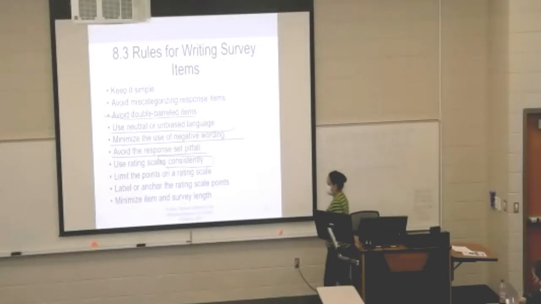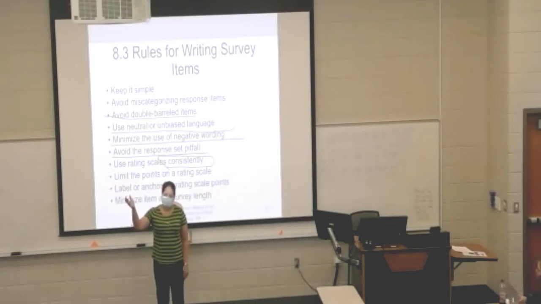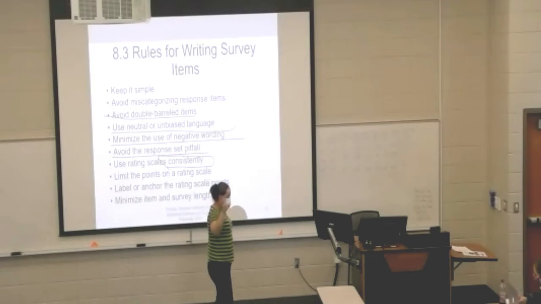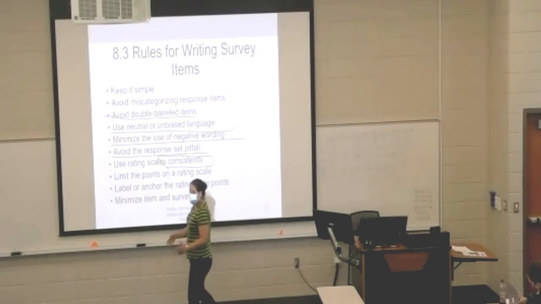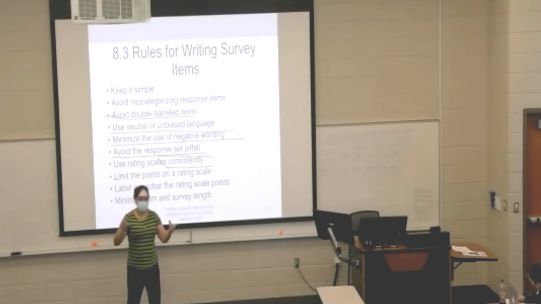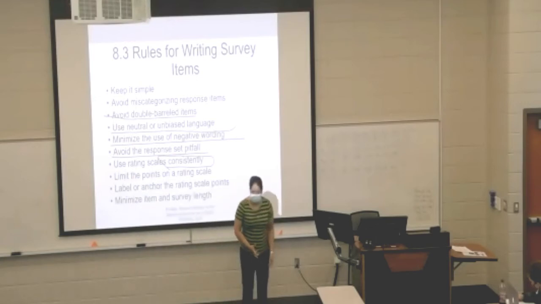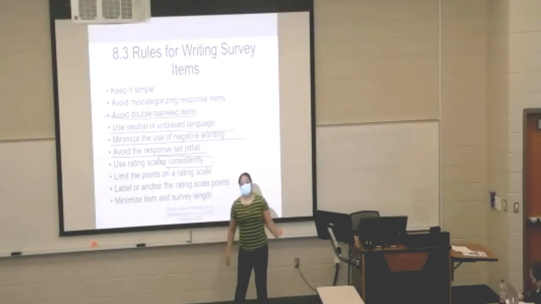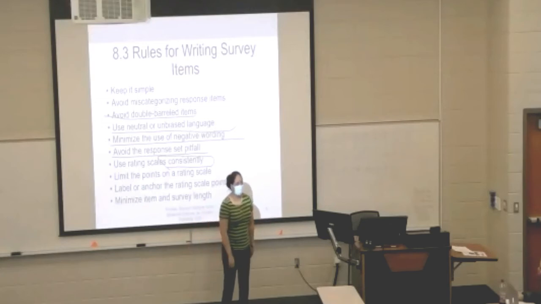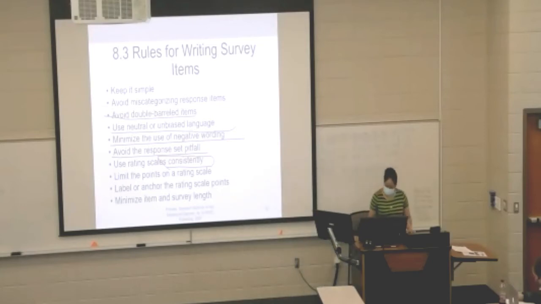So if you're using in your assessment strongly agree, somewhat agree, neutral, somewhat disagree, you don't want to change it later on and say all the time, sometimes, not at all. That can confuse the examinee. That can confuse the respondent, right? We went from strongly agree and strongly disagree to all the time or never, right? Those are two separate scales, and they can set up the person for failing.